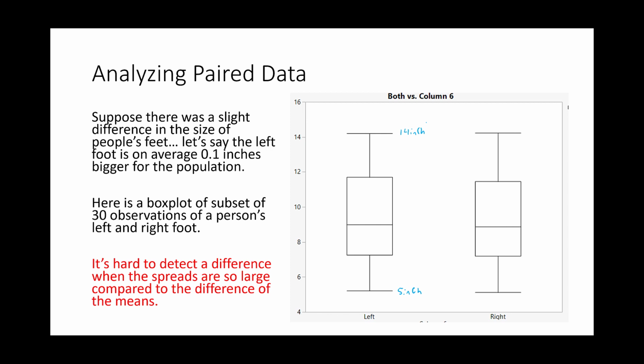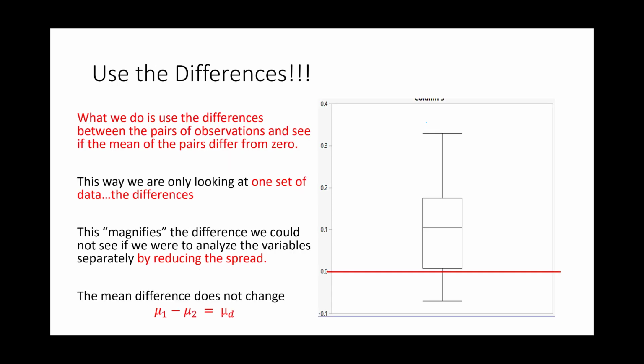However, when you deal with paired data, you can do something that can decrease the spread. What we can do is look at the difference between the pairs of observations. For instance, if we look at people's left feet versus their right feet, maybe person 1 had a left foot of size 12.5 and a right foot of size 12.3.